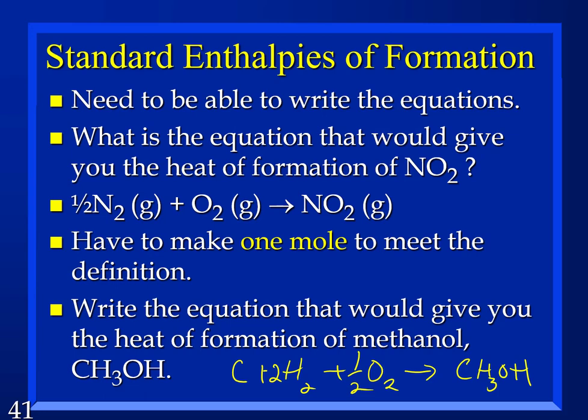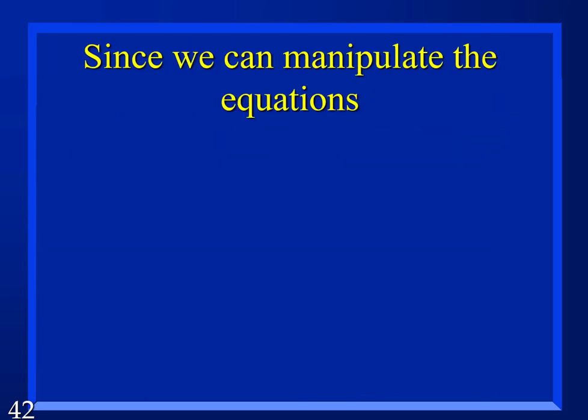So when I looked up the number for methanol, let's talk about that equation. Extra super tough. So now we can write our own equations. And we've learned how to manipulate the equations. So we've learned 2 things. We can manipulate the equation, we can write our own heats of formation.